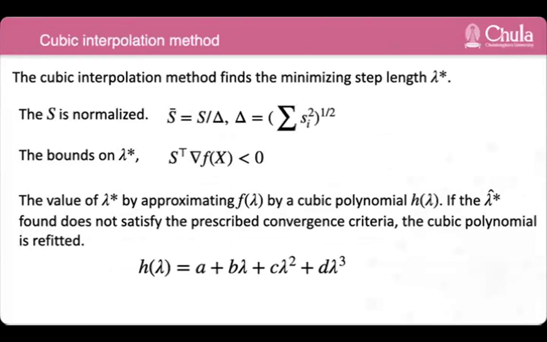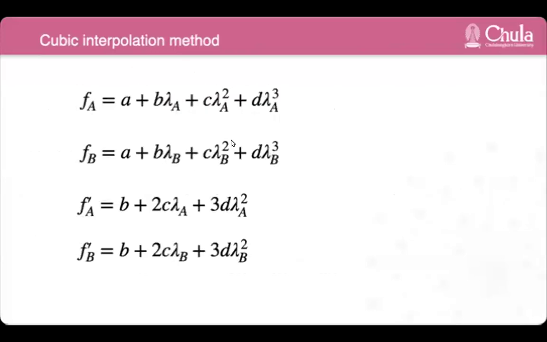The next one is cubic interpolation. For cubic interpolation, of course, you need A, B, C, and D, because you approximate a third order polynomial. So actually you need 4 points. But even 2 points is enough, lambda A and lambda B, but you need the derivative.